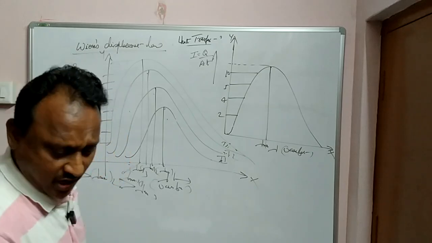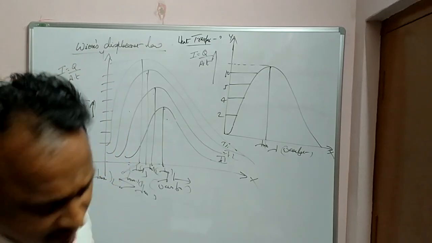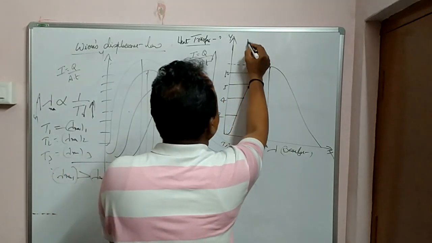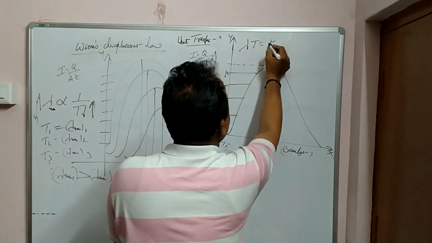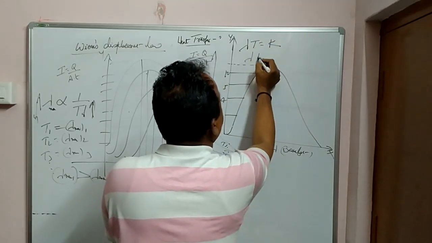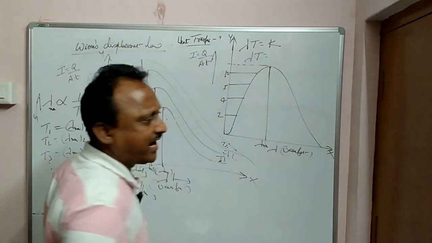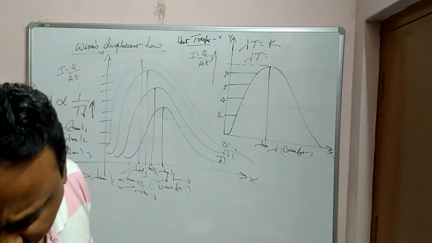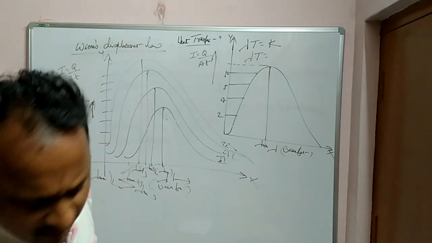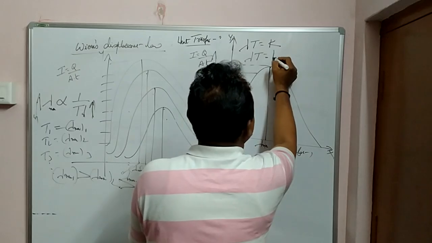Or you can also write it in this fashion: lambda T is equal to a constant. That constant you can take as some value b, and it has a value.